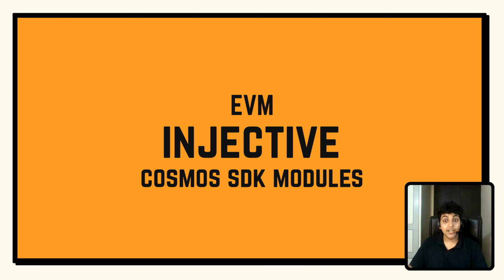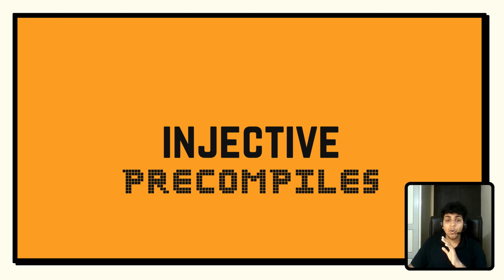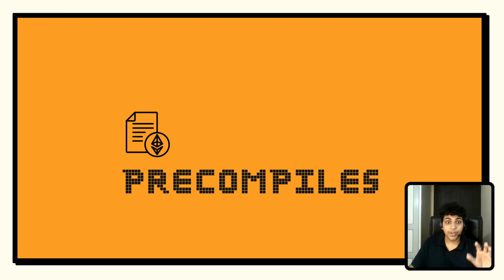Well, that's right, precompiles. Now, these precompiles in Injective basically act like fancy translators. You see, when your Solidity contract calls one of these precompile functions, here's what happens. Your contract makes a normal function call to a precompile address. The EVM recognizes this as a precompile address and hands off the execution to the precompile Go code.